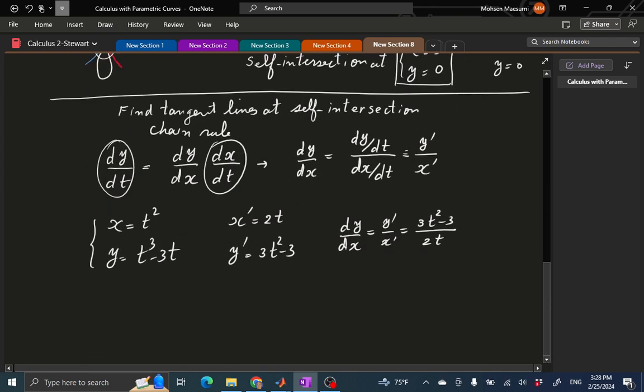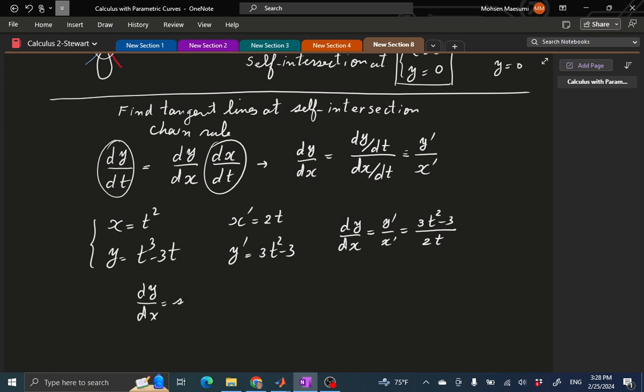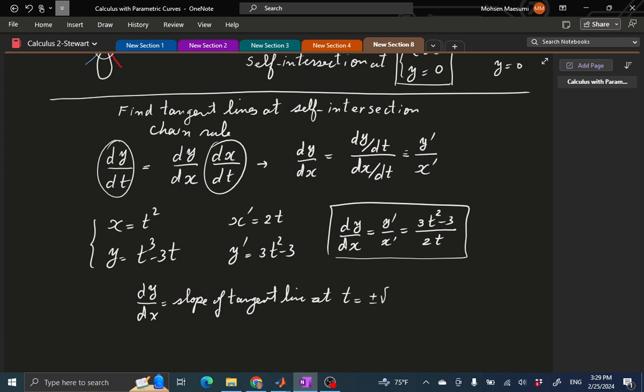So dy/dx, which is the slope of the tangent line, is simply this expression at t equal to plus or minus radical 3.